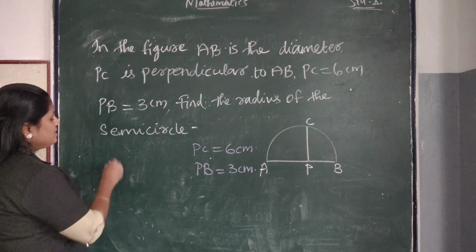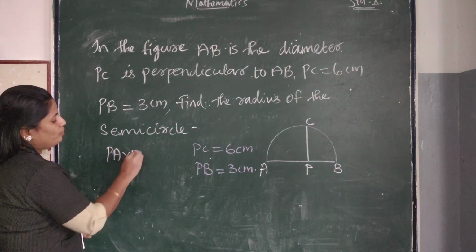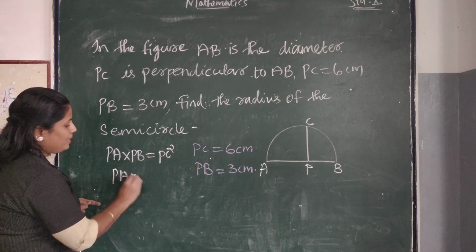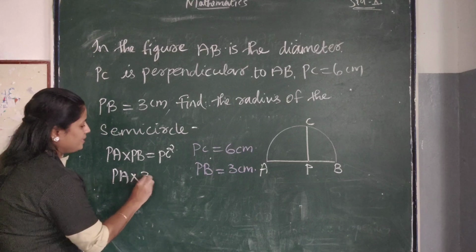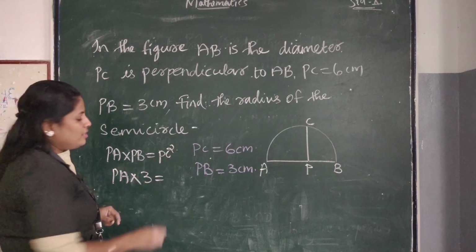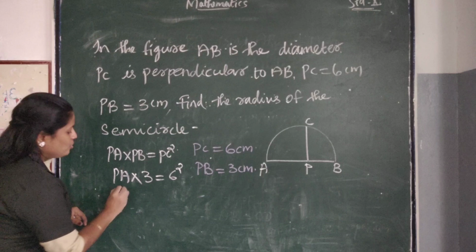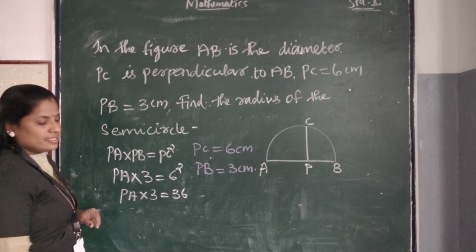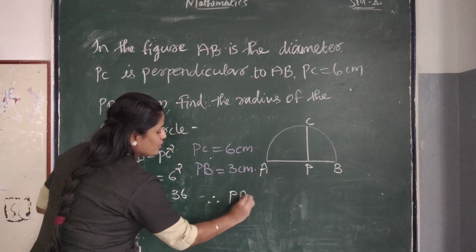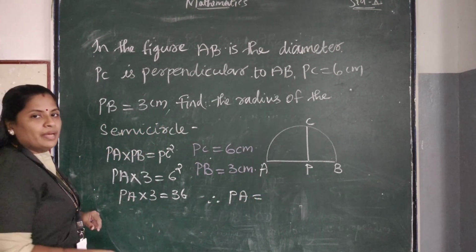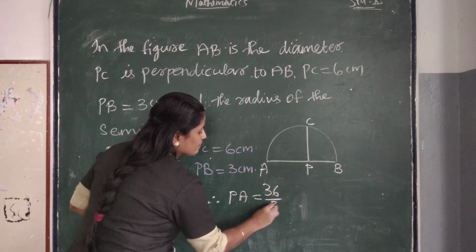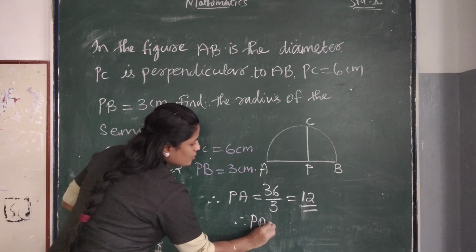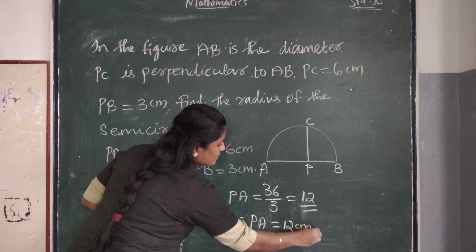Okay, so from this we can write PA into PB equal to PC square. PA into PB, PB equal to 3 cm, equal to PC square. So 6 square. Okay, so PA into 3 equal to 36. Therefore, PA equal to 36 divided by 3, it is equal to 12. Therefore, PA equal to 12 centimeter.